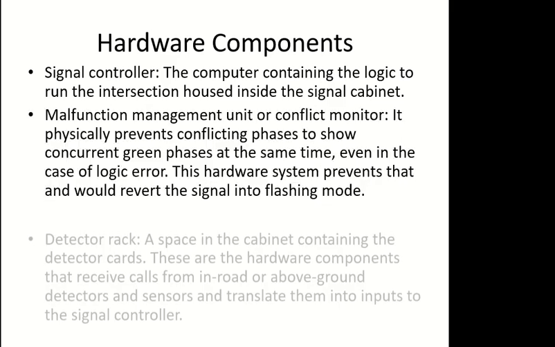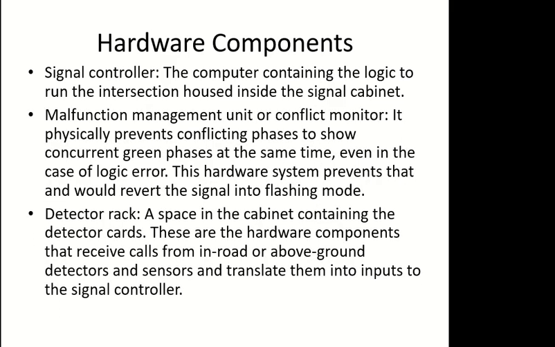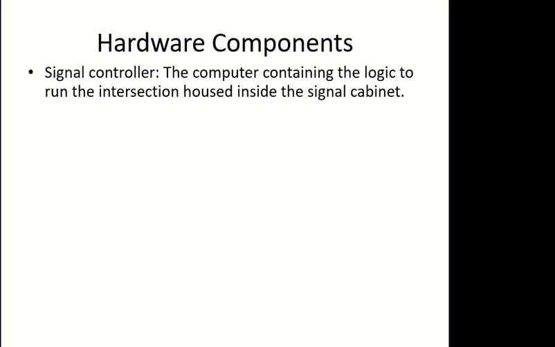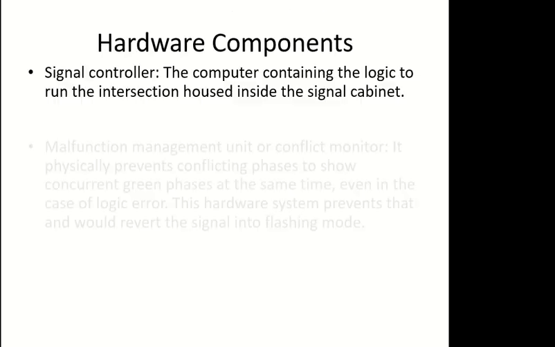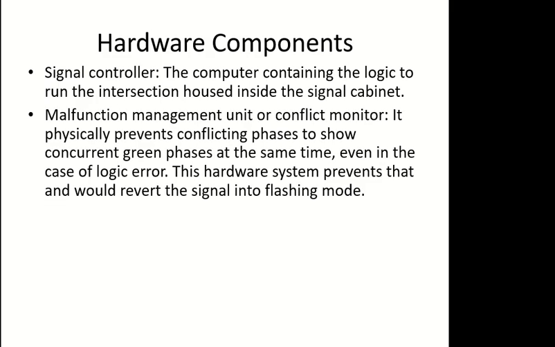This is a definition of what I was showing earlier. The signal controller controls the program, the logic of the signal. The malfunction unit or conflict monitor. They are used in different cases here. You have a conflict monitor here, you have a malfunction unit here. Both of them are almost looking at the same thing. Some error in the logic or some problem with the signal, maybe one of the lights is not working.